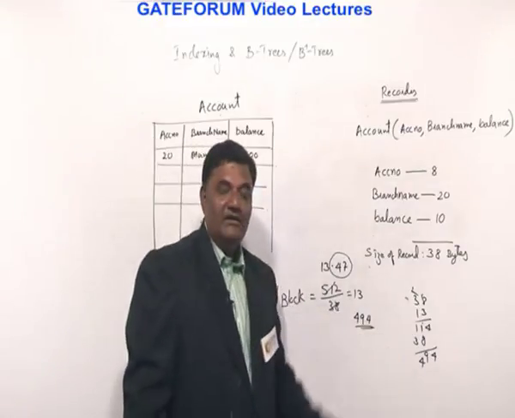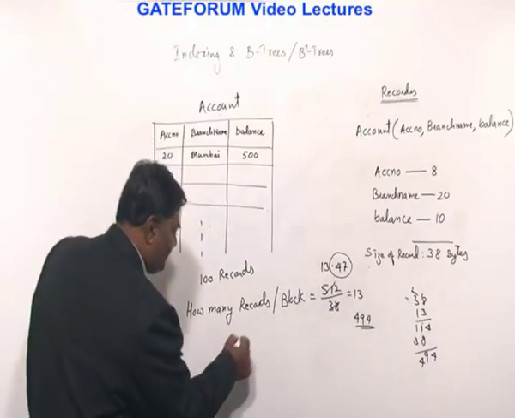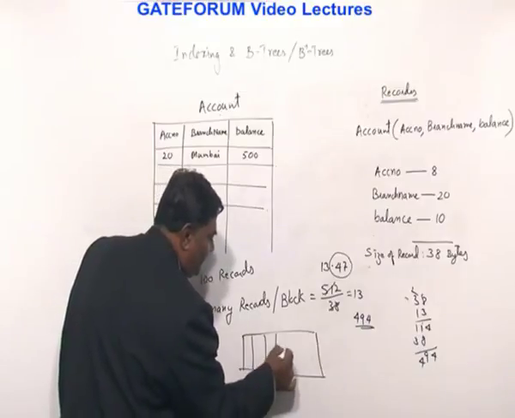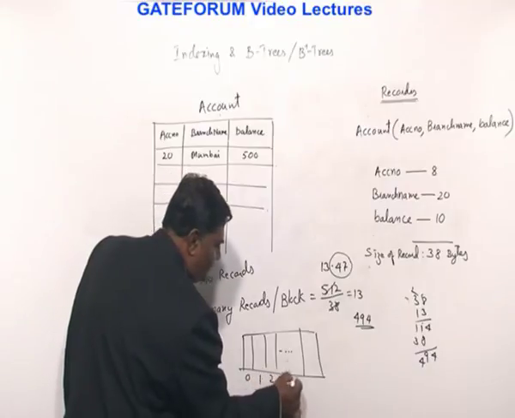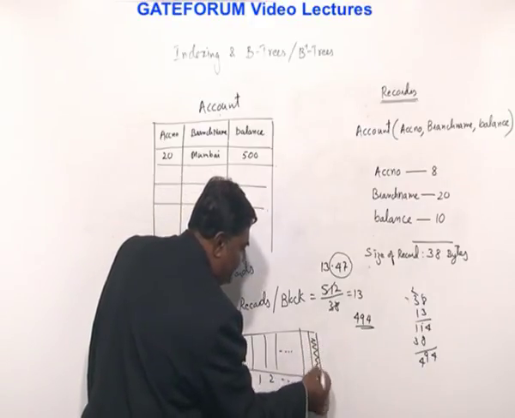Remaining bytes are useless. So in a particular block, total 13 records will be there. If I start counting from 0, 1, 2, last is 12, and this space is free.